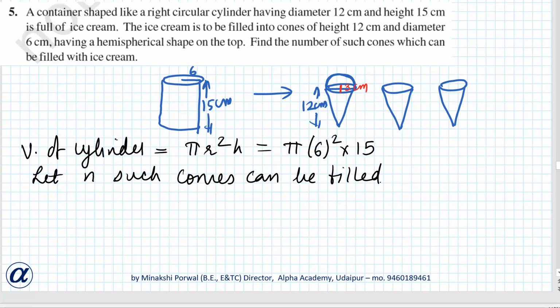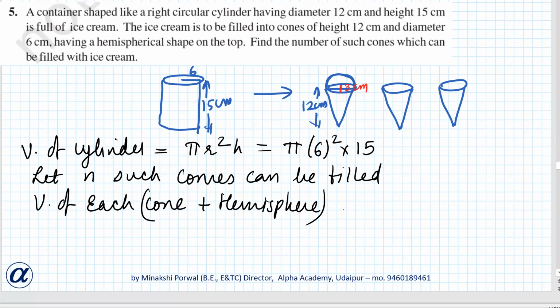So volume of each cone plus hemisphere. अब कोन का वॉल्यूम होता है 1/3 pi r square, that is 3 square, into h is 12, and volume of hemisphere is 2/3 pi r cube.